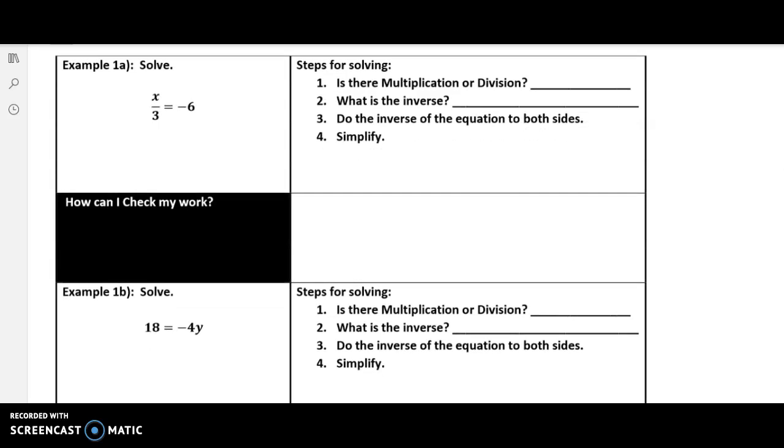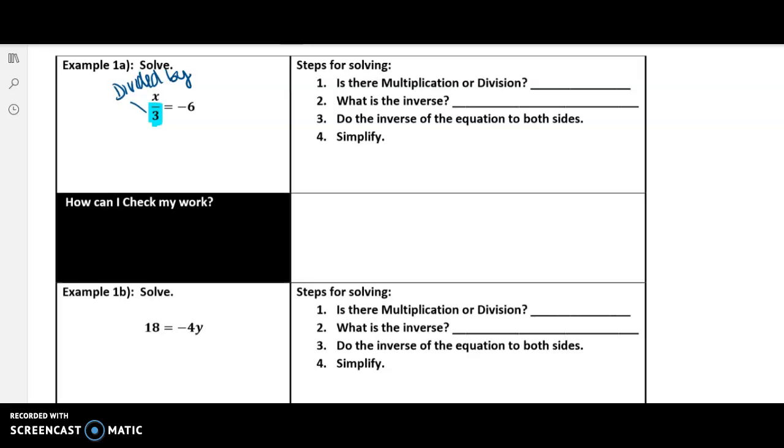So you will notice, for this example, it looks like we have a fraction, but really what this is saying is x divided by 3. So we have x divided by 3 is going to equal -6.